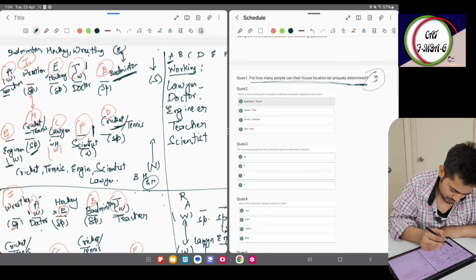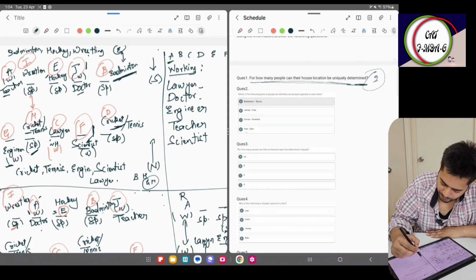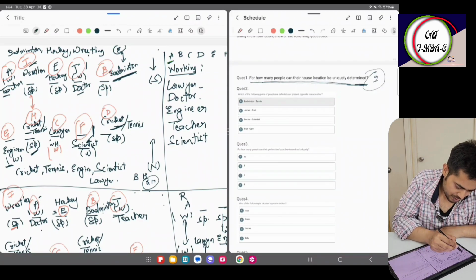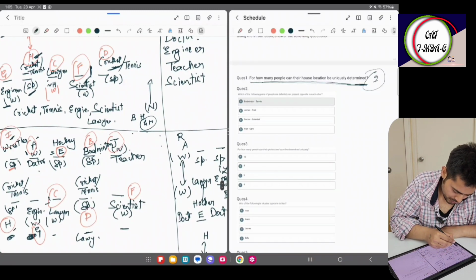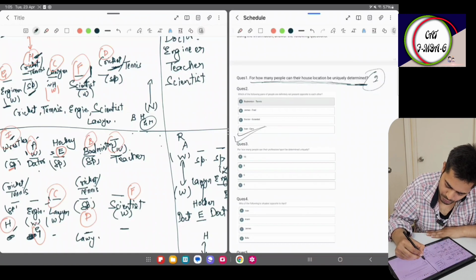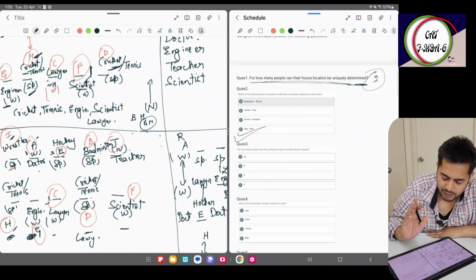Doctor and scientist, so here doctor opposite scientist, they can also be opposite to each other. I and G, Ivan and Gary. I and H are opposite. In case 2, I and H are opposite. So option number D is the right answer. Ivan and Gary cannot be present opposite to each other.